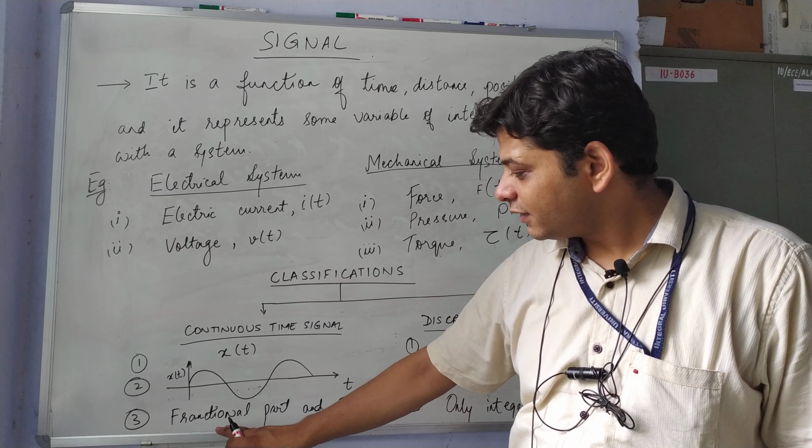Okay, so this was all about a brief introduction of a signal and the classification of a signal. Now we will be discussing the representation of a discrete time signal.